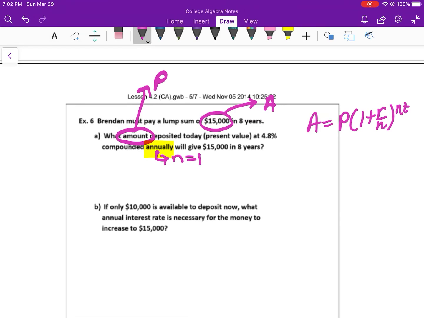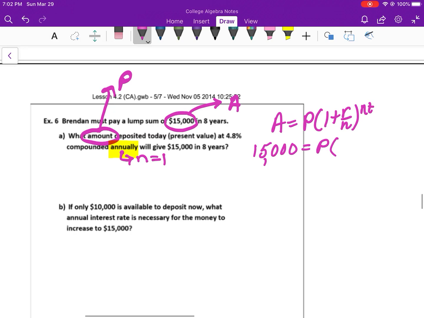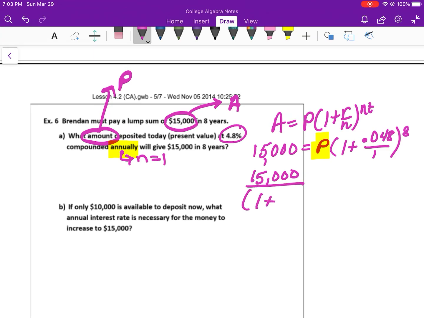So we're going to be putting 15,000 right here. We're finding P. Our interest rate was 4.8. N was 1. And 8 years. Okay. We want to get this P by itself. In order to do that, we're going to take 15,000 and divide by this quantity.